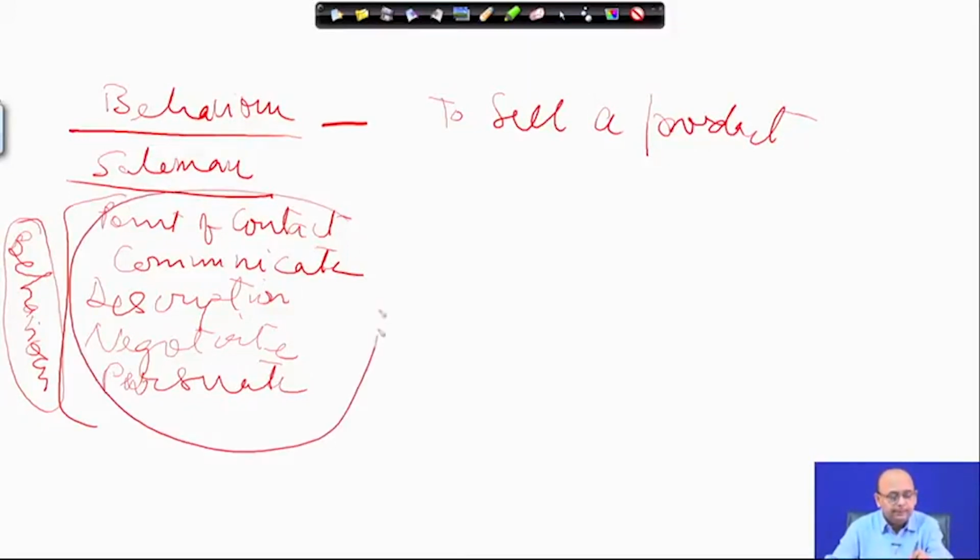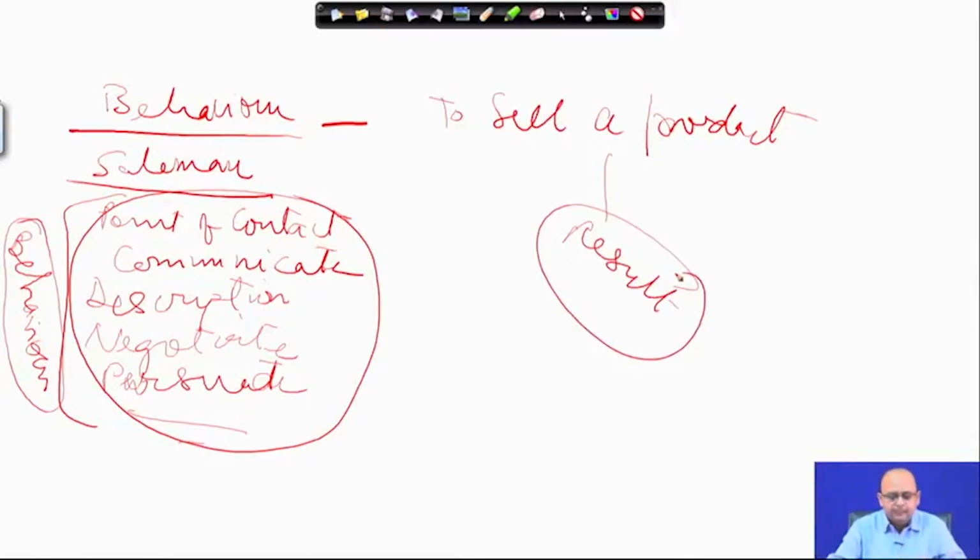So, these are the behaviors, or there could be other behaviors I have not written here, right: contacting the customers, communicating with them, talking about the product, negotiating with them, persuading the customers to buy it. Okay. So, you are doing all this basically to sell a product, right. So, selling of a product is the result here.